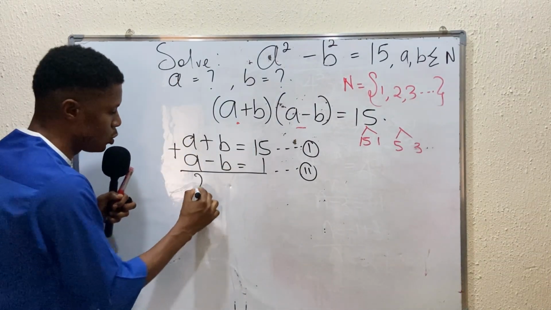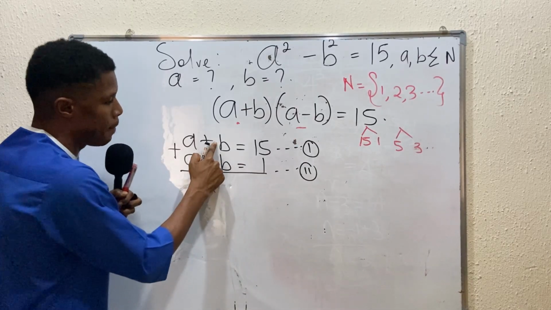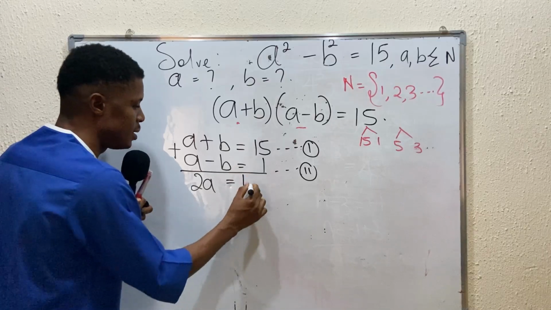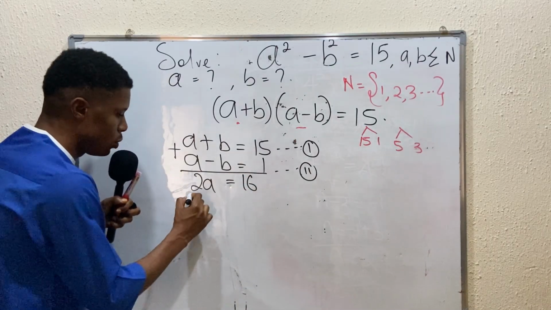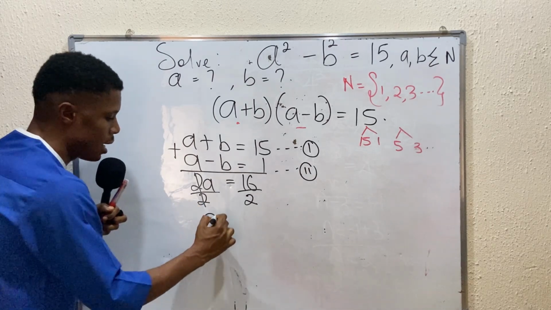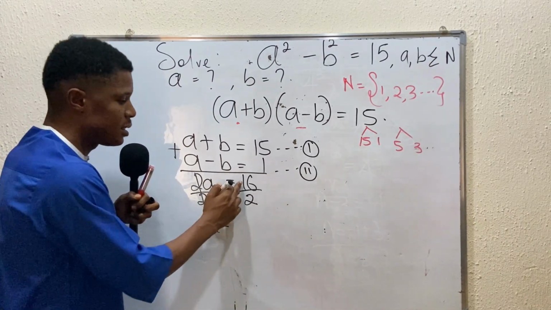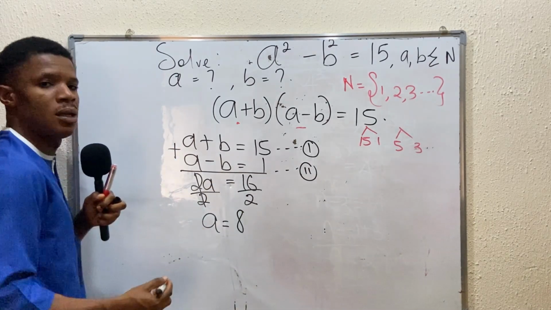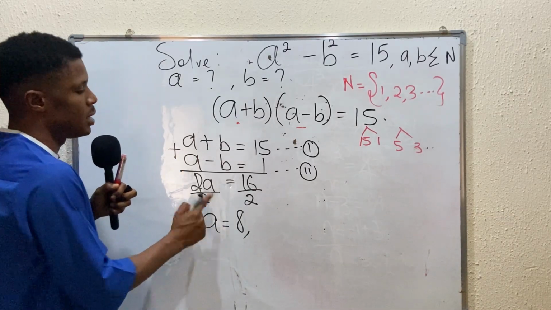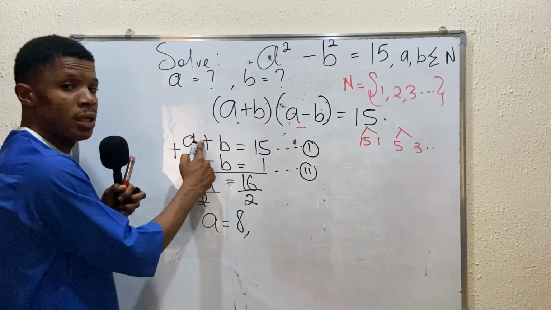a plus b is 2a, and b plus minus b is 0, and that equals 15 plus 1, which is 16. So we divide through by 2, and a is equal to 16 divided by 2, which is 8. Then to get b, we put a as 8 in either equation 1 or 2.